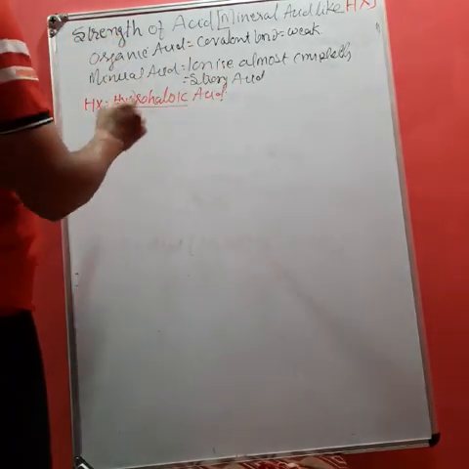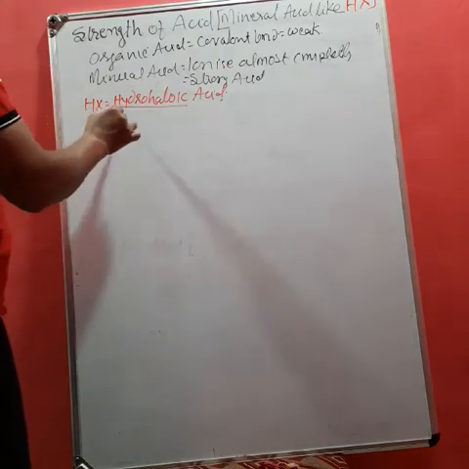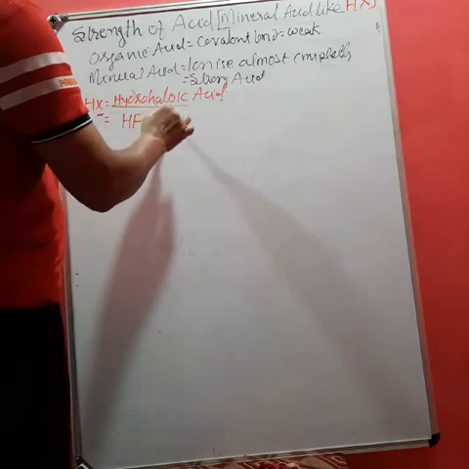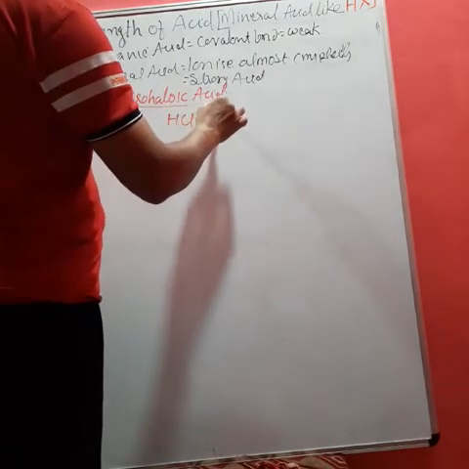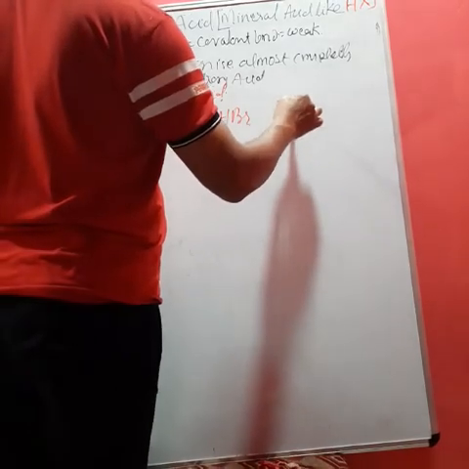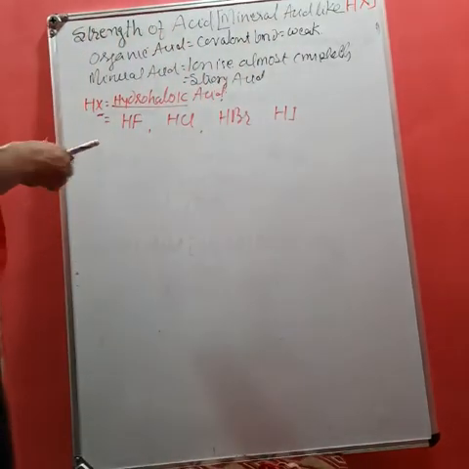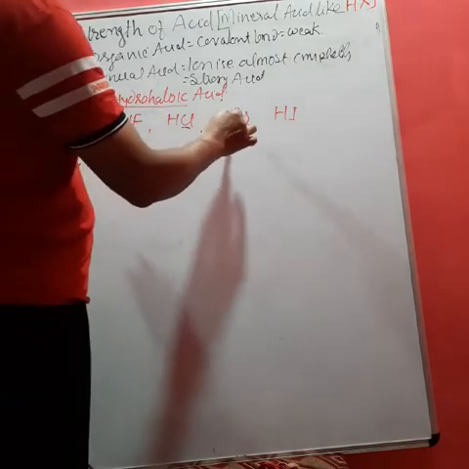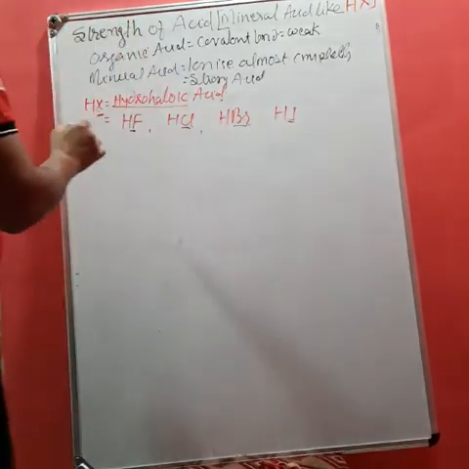Now, how many types of hydrohaloic acids are possible? This is possible as HF, HCl, HBr, and HI. That is simply the X is replaced by F, Cl, Br, and I.